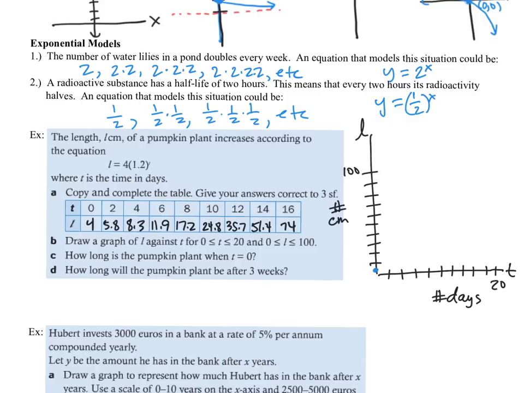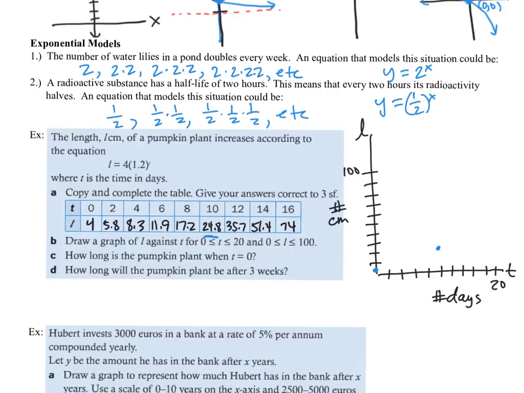And I'm just going to grab a couple more points. Let's grab one in the middle. How about this point, 10, 24.8. So we were counting by 2: 0, 2, 4, 6, 8, 10. And then 24.8 would be right about there. And then how about the point 16, 74?